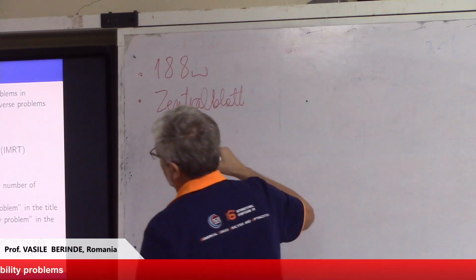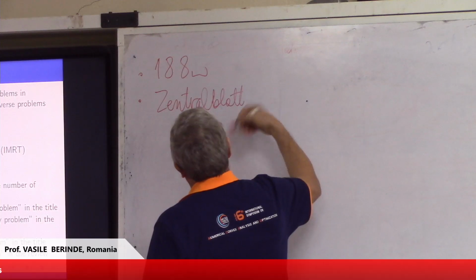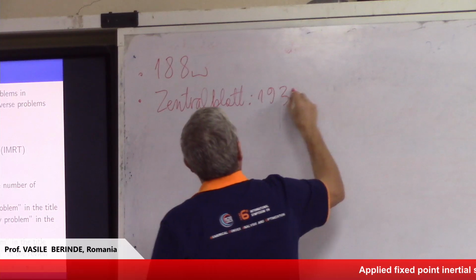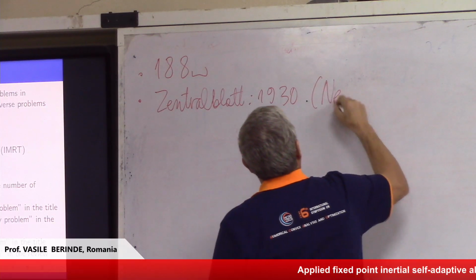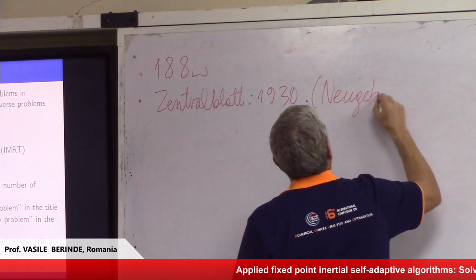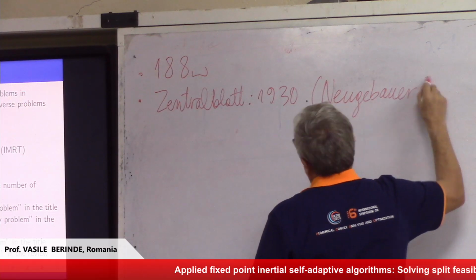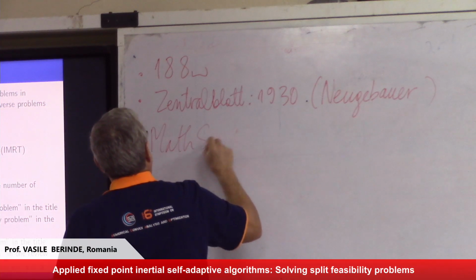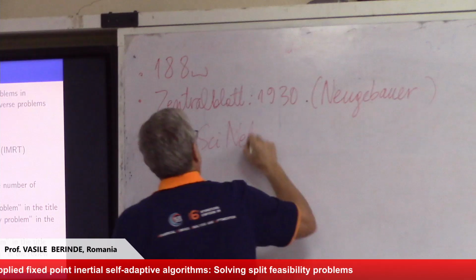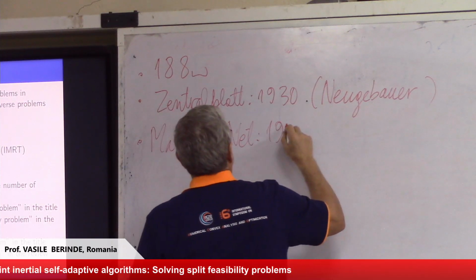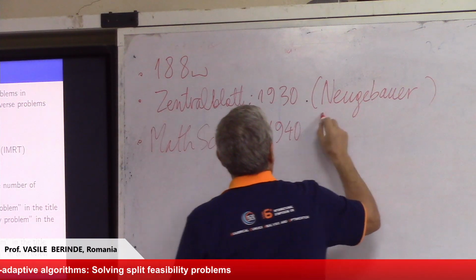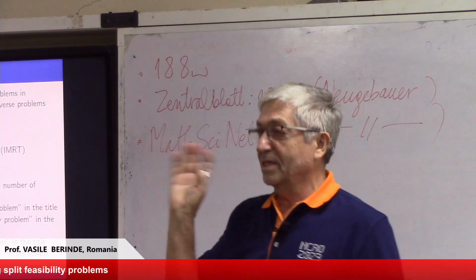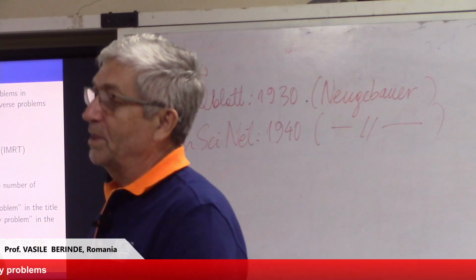The new version was founded in 1930 by Neugebauer, a German mathematician. And MathSciNet was founded in 1940 or 1939 by the same person. He moved to the USA because at that time in Germany there were some issues.